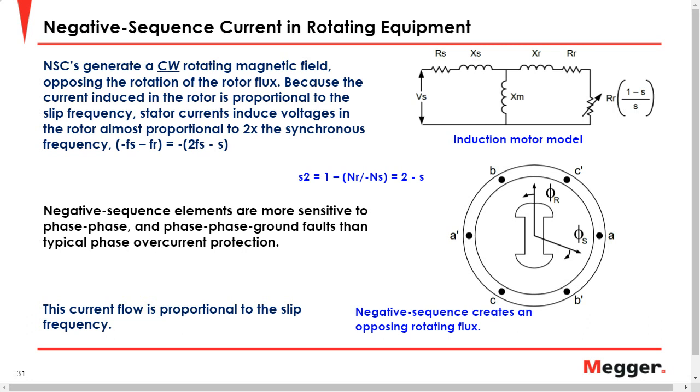Those 3,600 RPM, of course, refer to the frame. So when we're talking about that negative sequence system, we're now talking about a slip that's almost twice the synchronous speed. Whereas before we were talking about a very small number, in percentage maybe 1, 2, 3%, now we are talking about something that is 200%.